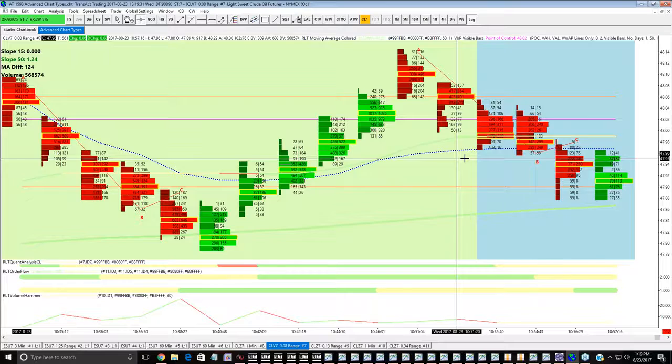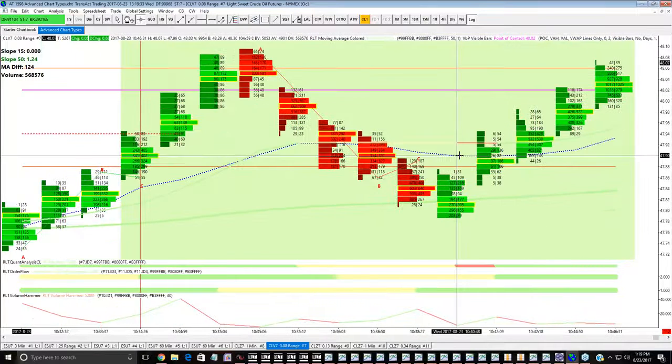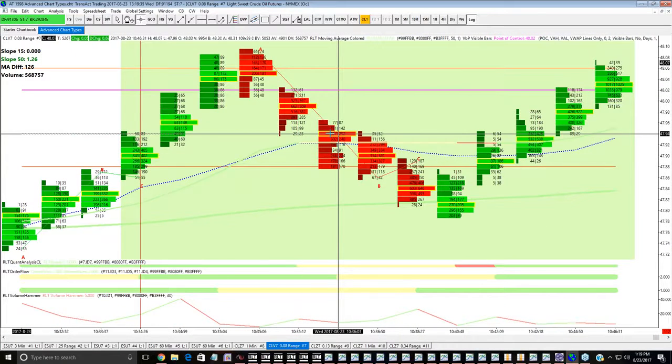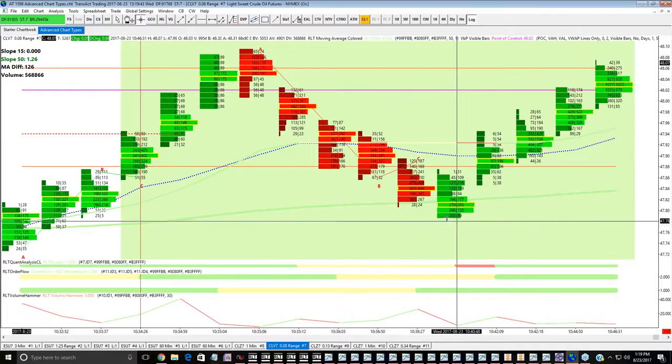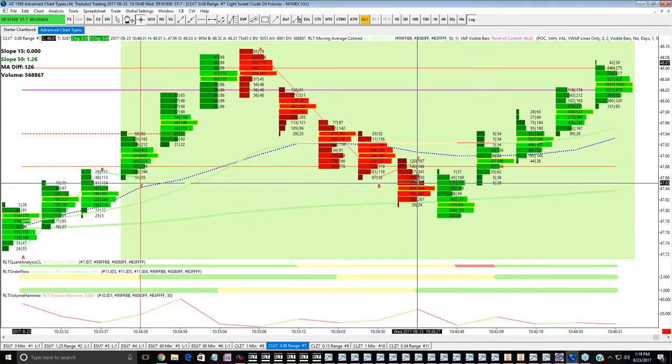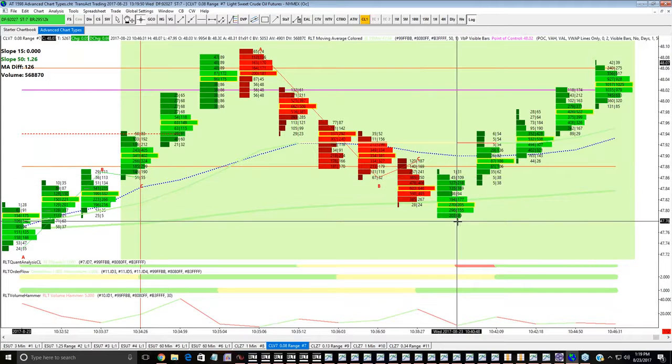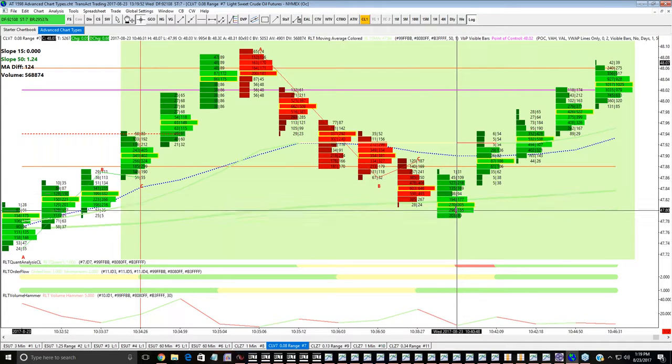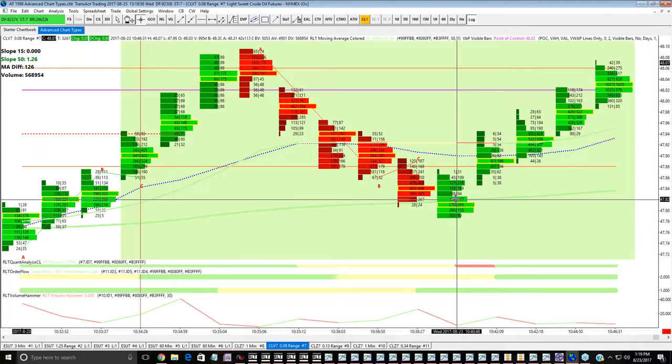Now what's going to happen is you're going to look and see whether most volume is below the point of control or above the point of control. And you're going to look for stacked buyers and stacked sellers. But you're going to look for a disparity where there's an intense amount of aggressive buying, like you see here.